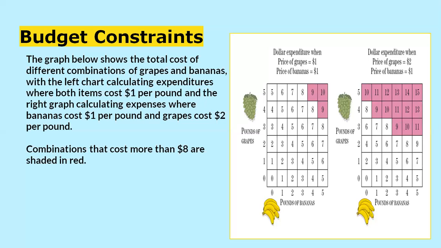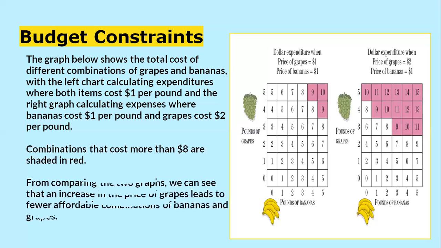Combinations that cost more than $8 are shaded in red. From comparing the two graphs, we can see that an increase in the price of grapes leads to fewer affordable combinations of bananas and grapes.